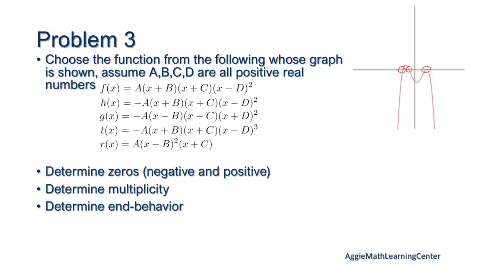Now what is the behavior at each of those zeros? What does the one right here, where it crosses, oh, how about I do colors? Where it crosses at red, then what would the multiplicity be? 1, perfect.